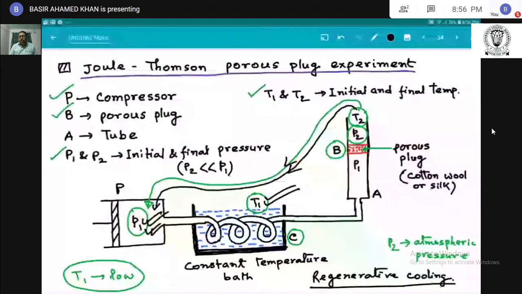If the initial temperature is equal to the certain temperature of a particular gas, because for a particular gas the certain temperature varies, then after expansion there will be no change of temperature. So this is the result of the Joule-Thomson porous plug experiment.